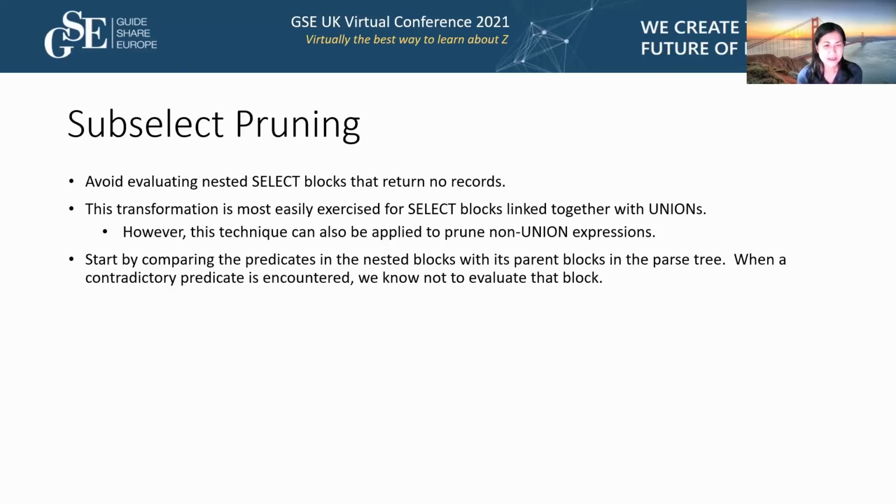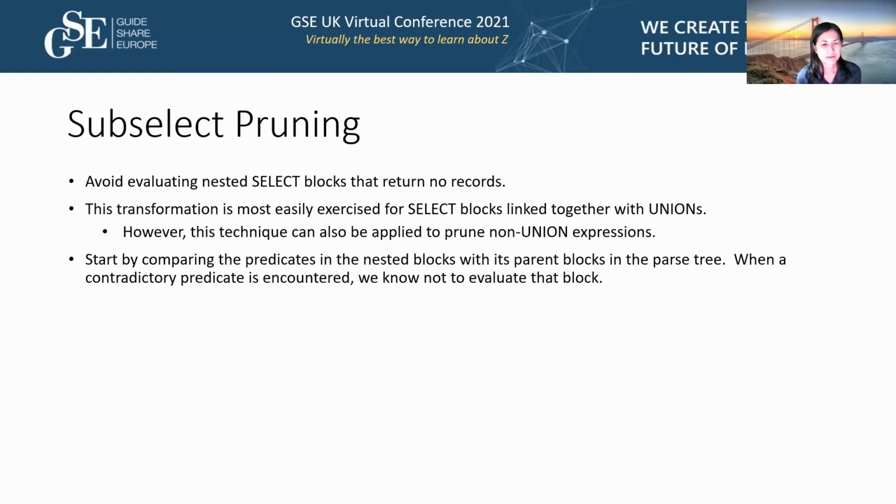The purpose of subselect pruning is to remove query blocks that do not return any data. How does Db2 do subselect pruning?